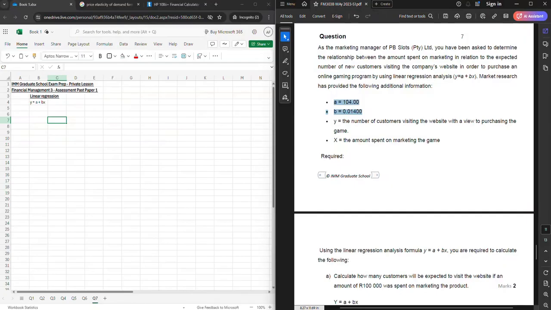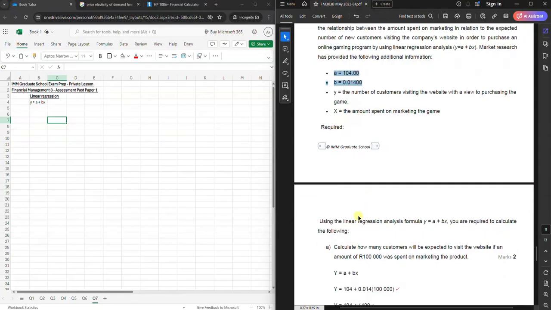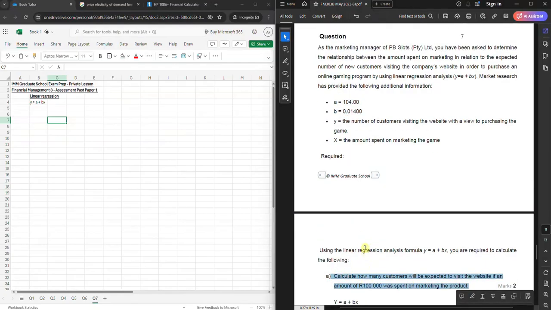So in your module, you don't have to calculate the A and the B at all. You might have to, but then they'd give you Y and X. Okay, that's interesting, because normally you might have to calculate it, actually. Did you have to calculate anything here? No, you had to use the equation. Have you never had to calculate this in your module? I don't think so. Okay, so it should be okay then, right?